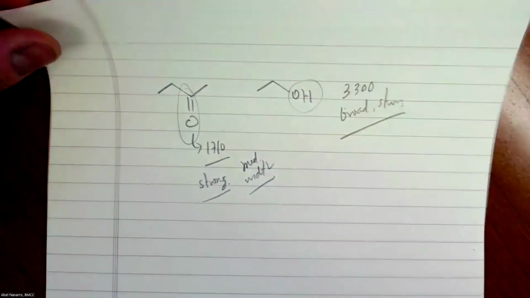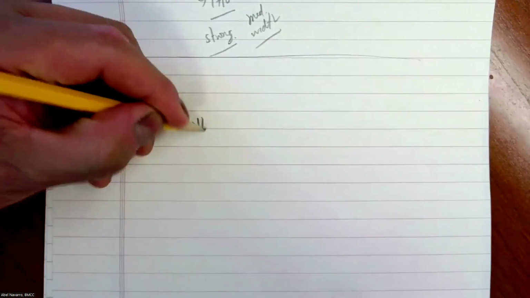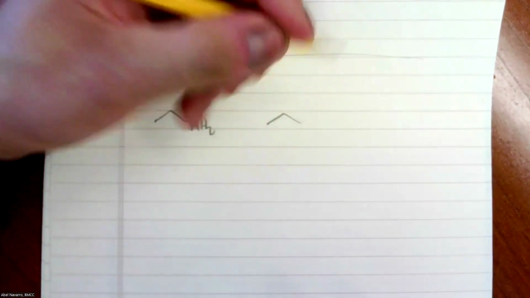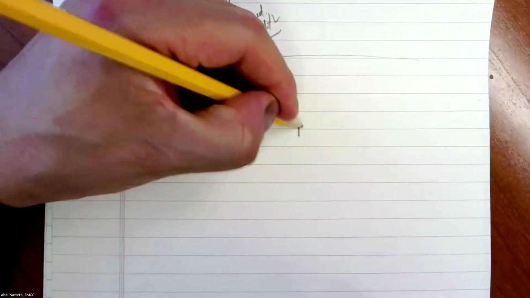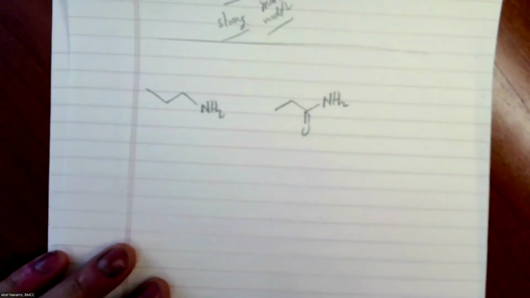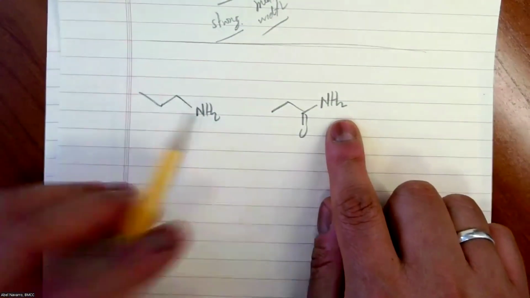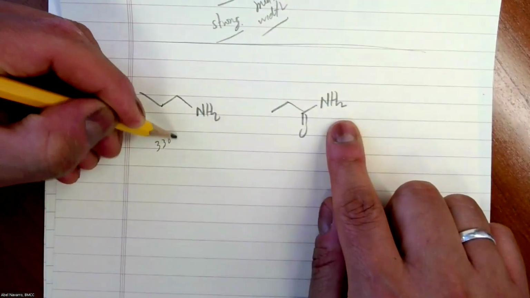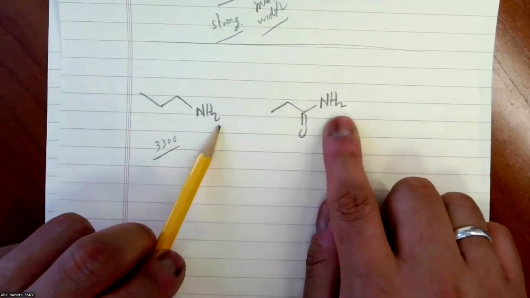Okay. What else? Okay, another example. How will you use IR to differentiate between NH2 and, you see, this one? Well, I can't use the peak around 3200 or 3300 because they are exactly the same.